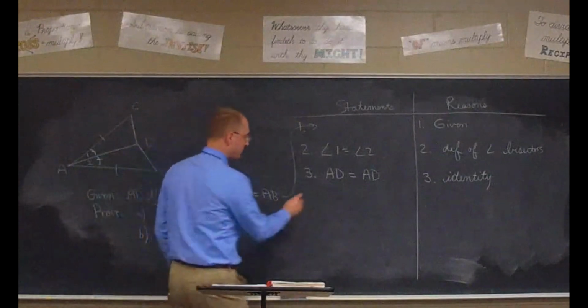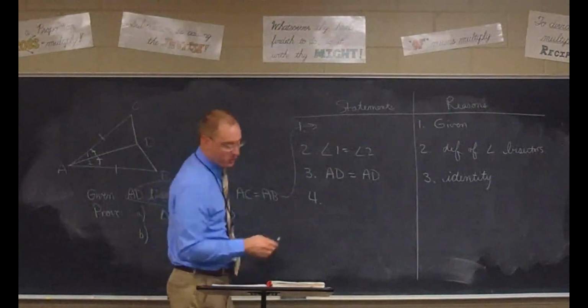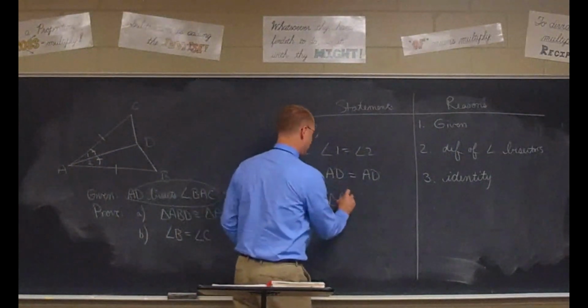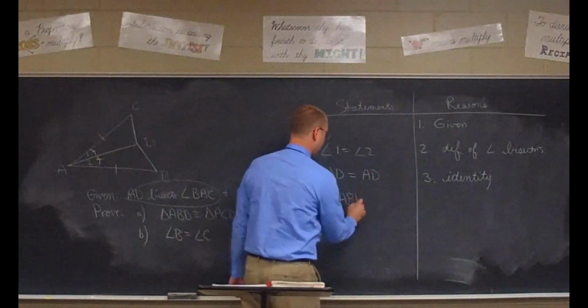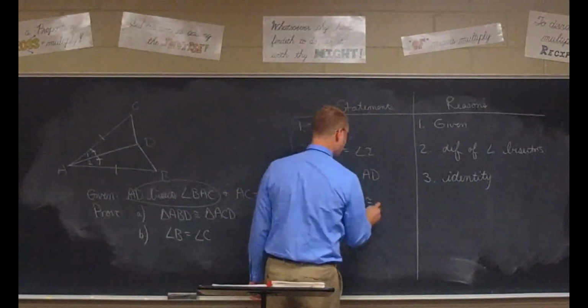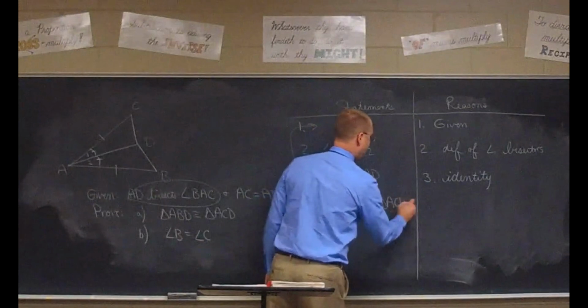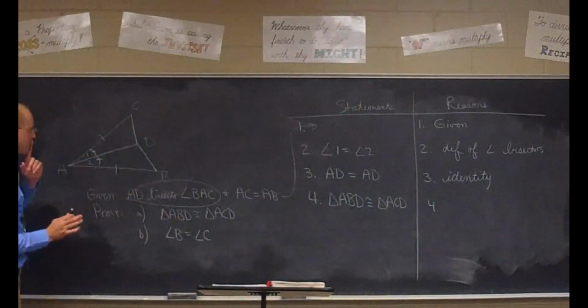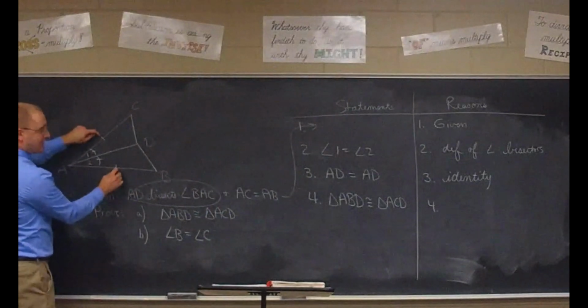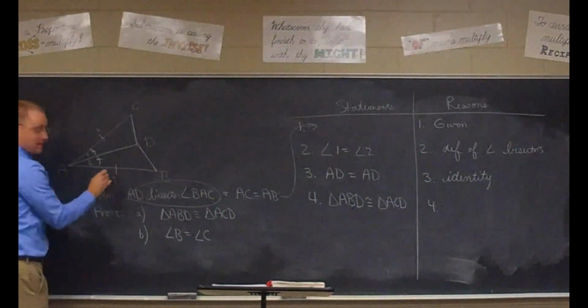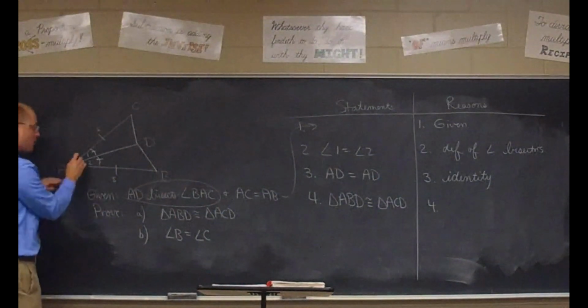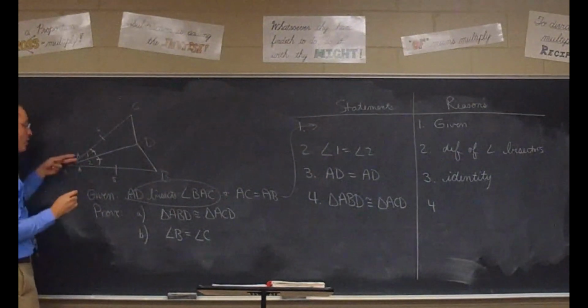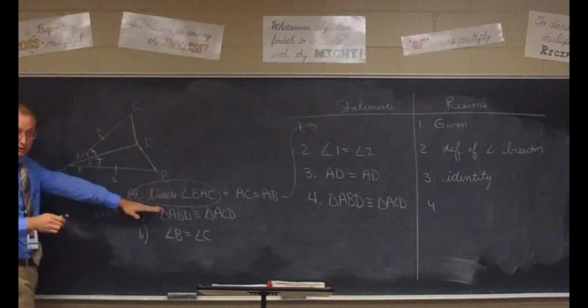All right, so number 4 then, we were supposed to be able to state that the two triangles, ABD and ACD, are in fact congruent already. Well, let's think about what we've got. I've got two sides equal here. Those were given as equal. I've got two angles here. We said those had to be equal because we had an angle bisector.